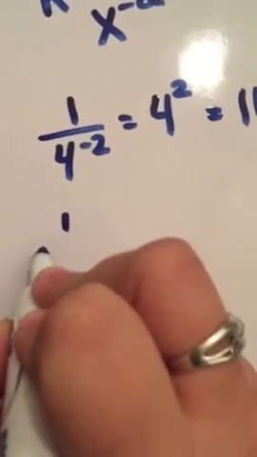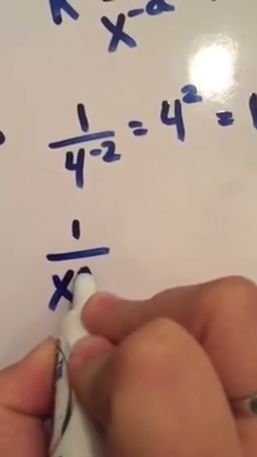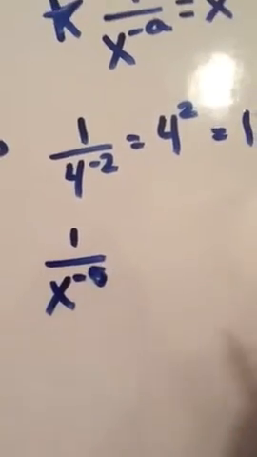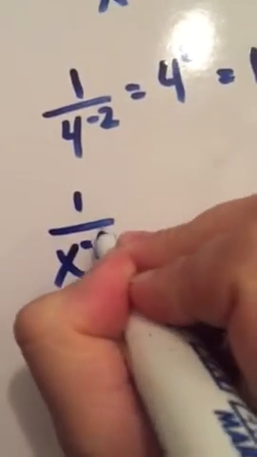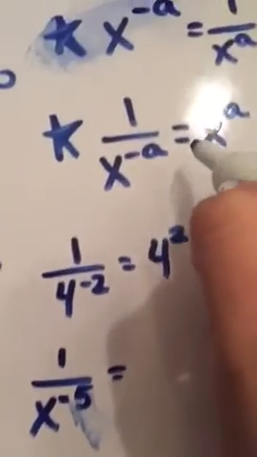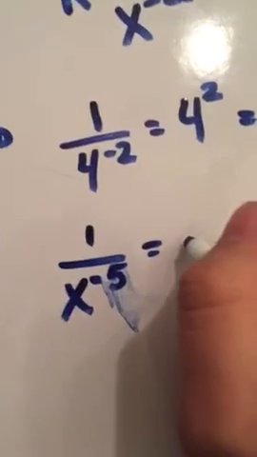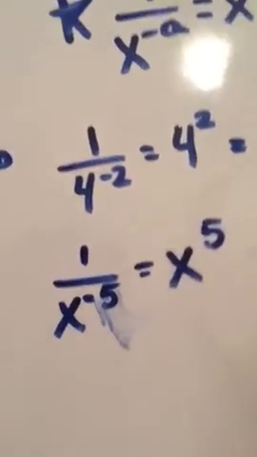And if I had 1 over, I don't know, any number to the negative... that was a 5, but it got really small. So x to the negative 5th, again, using my rule, all I need to do is bring this up and write it with a positive exponent.